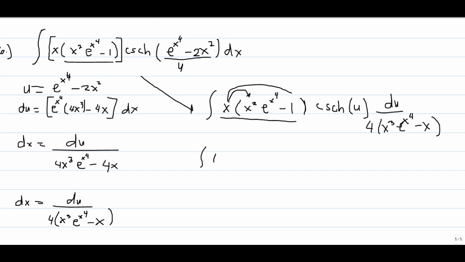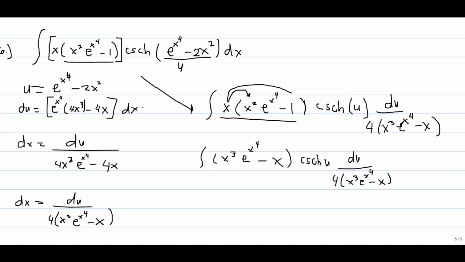So this would be the quantity x cubed e to the power x to the fourth, then minus x, then csch u, then du over 4 times the quantity x cubed e to the power x to the fourth, then minus x.